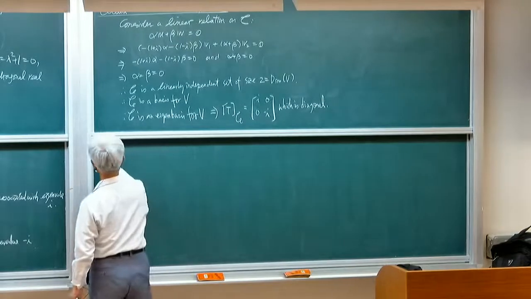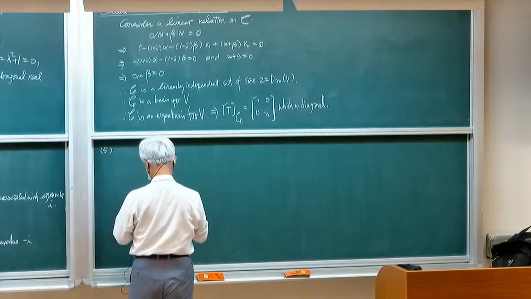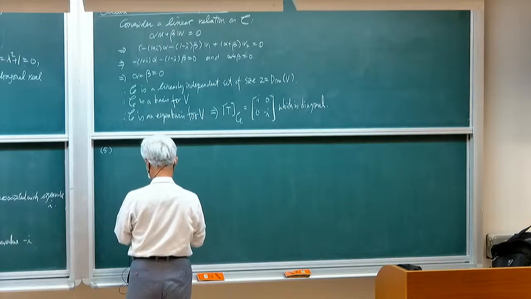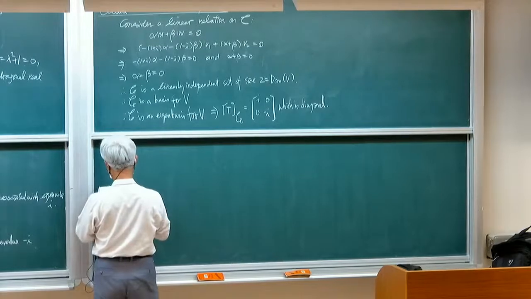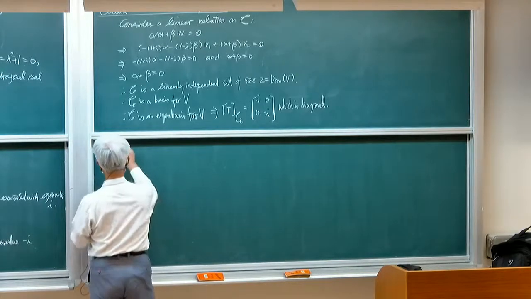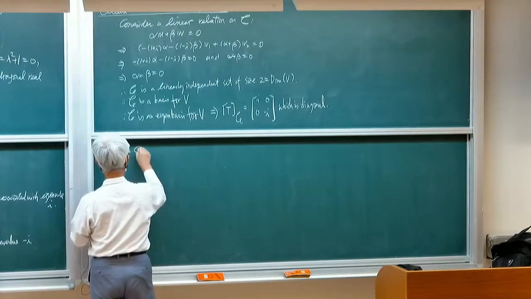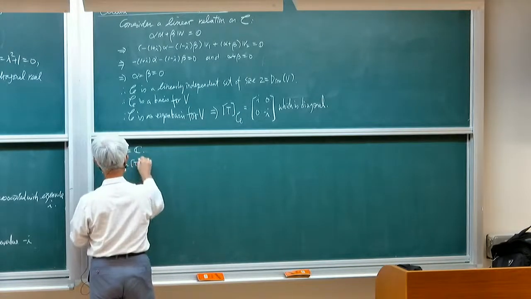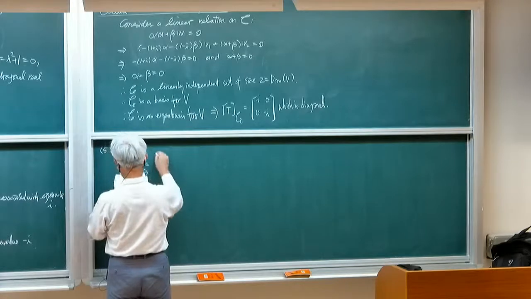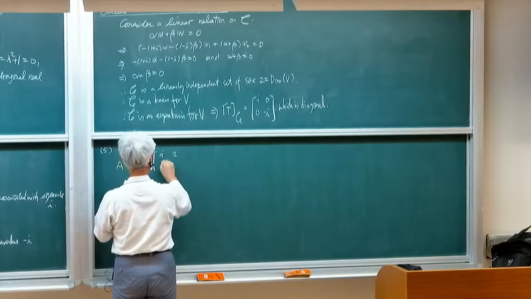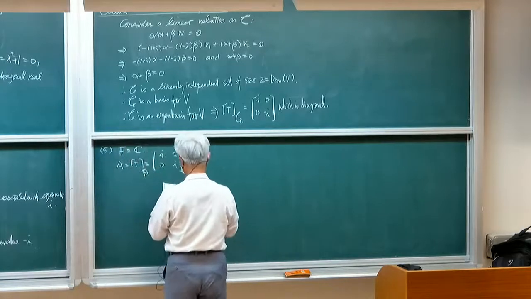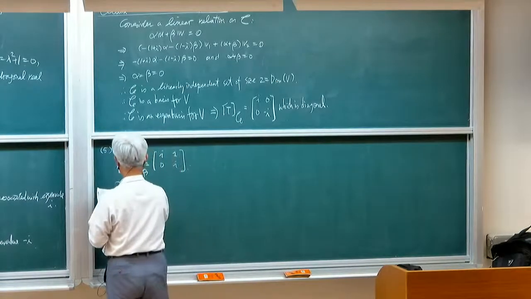All right, the last example. The last example is here, where the scalar is complex, and the matrix representation now is i, 1, 0, i.